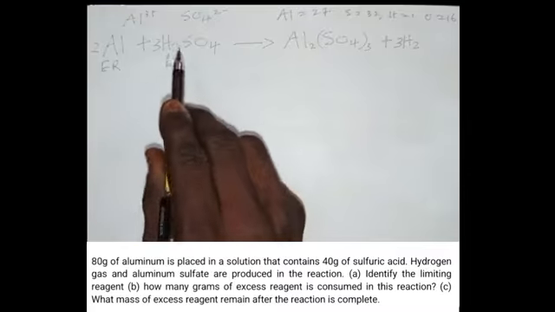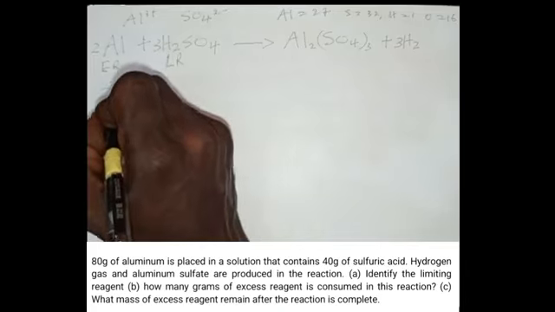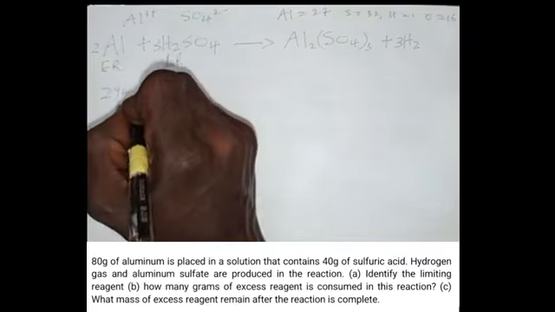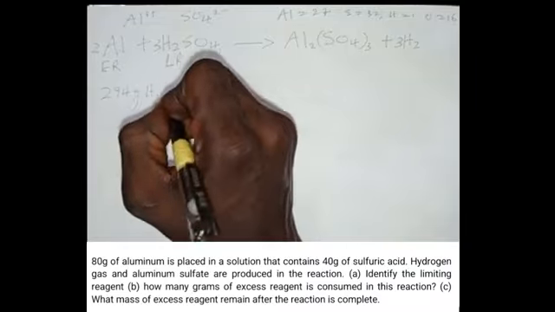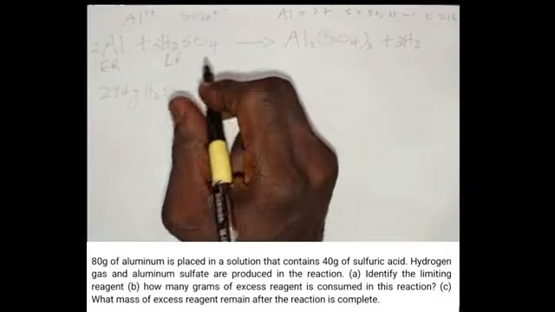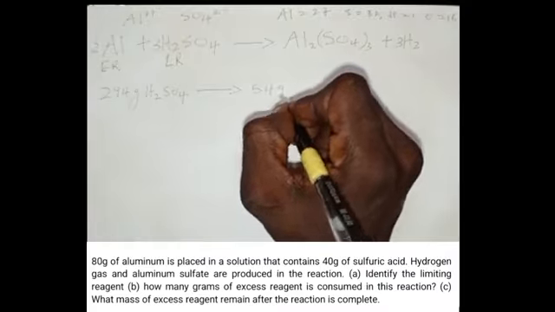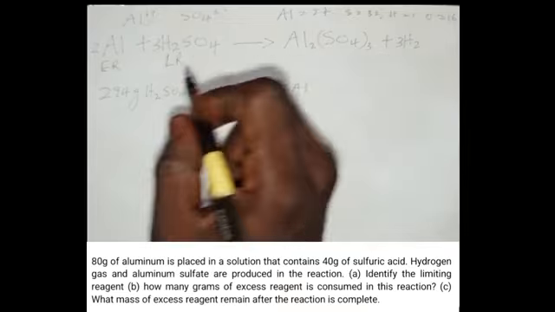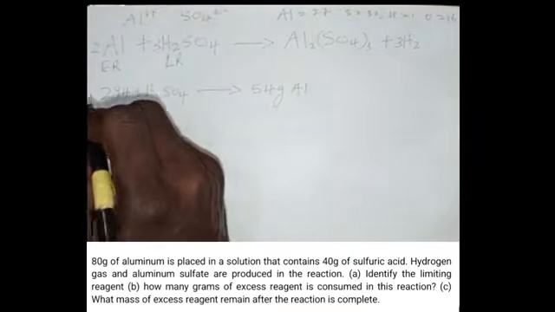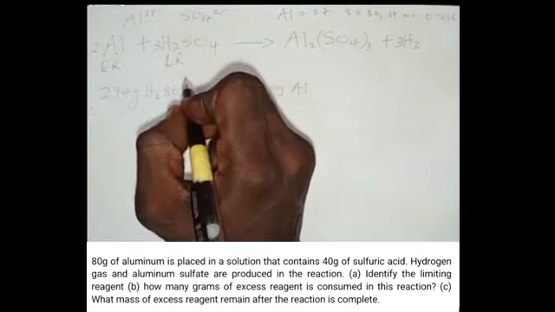So from the balanced equation here, I can say that 294 grams of H2SO4 will always react with 54 grams of aluminum. Therefore, what amount of sulfuric acid was given to us? We are given 40 grams, remember, right?